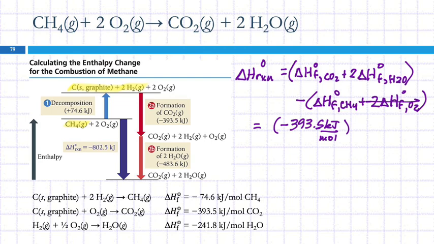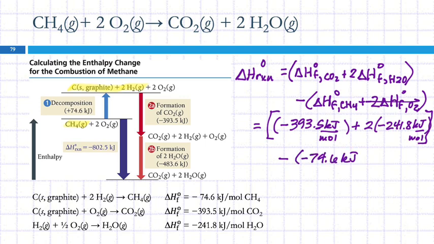And we have 2 times the heat of formation for water. So plus 2 times negative 241.8 kilojoules per mole. And we've got that whole thing, and we're subtracting the heat of formation of methane, negative 74.6 kilojoules per mole.